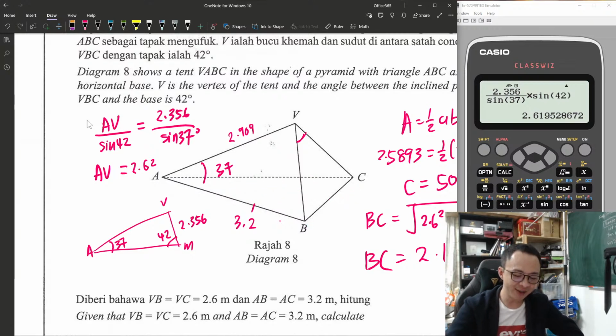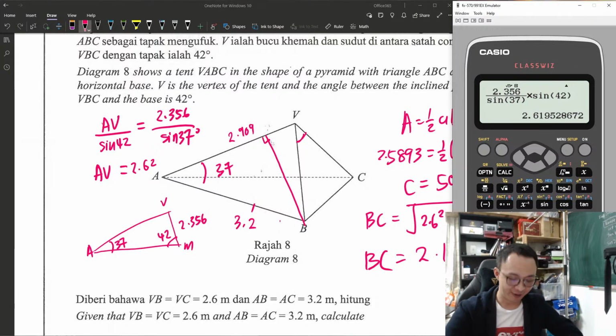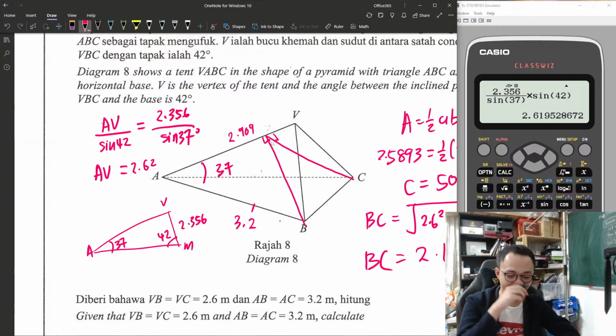My logic is, for this triangle, I draw a perpendicular line to B. For the other plane at the back, I use the same idea, a perpendicular line to C. Here will be 90 degree, even though it doesn't look like 90 degree. So here is the angle between these two planes.